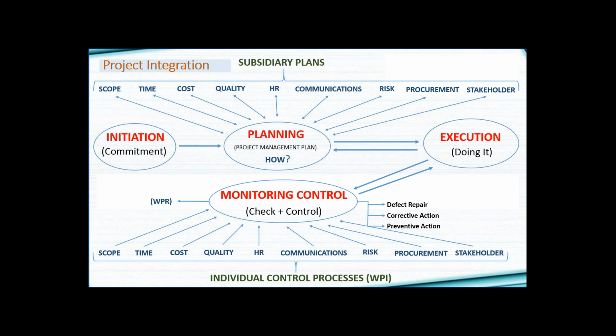Actually, in monitoring and control, you control the scope, the time, the cost, and likewise the quality, the communications, the risk, the procurement, the stakeholder engagement, and see the variance, and put that into a work performance report.